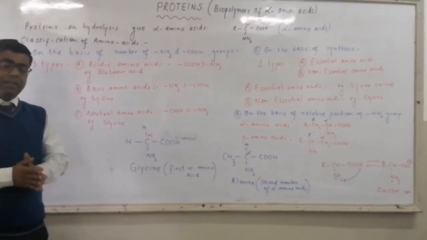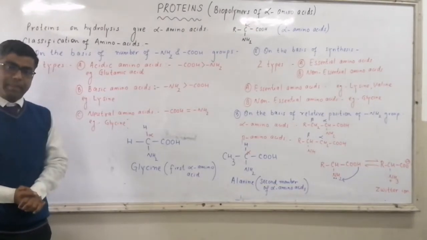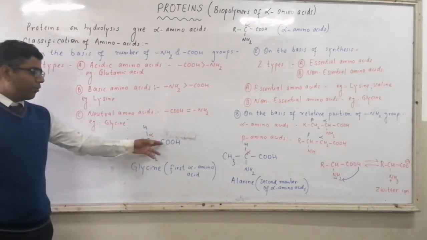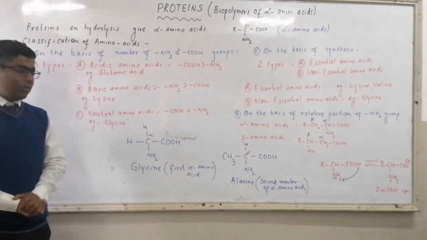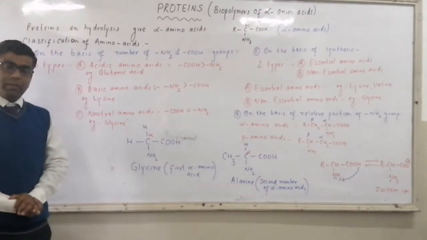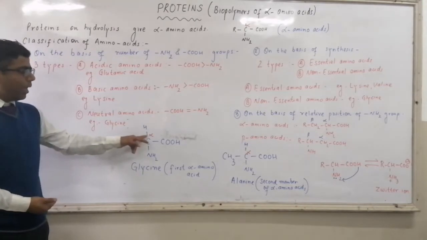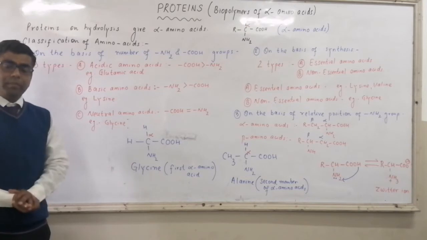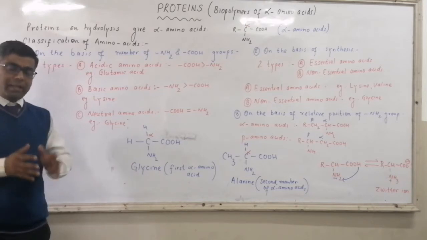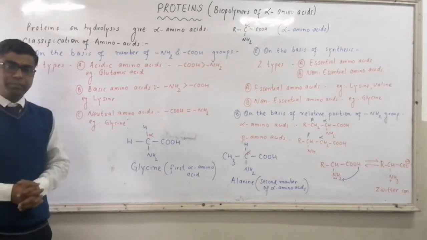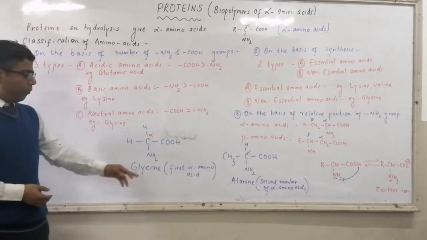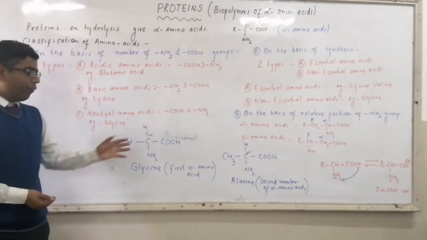Remember, glycine is the simplest amino acid containing 2 carbon. Of the 2 carbon, 1 carbon is in the form of C double bond OH group, and on the second carbon we are having NH2 group. It is your alpha carbon atom. If you remember, the carbon atom to which functional group is attached is called alpha carbon atom, and NH2 group when present on alpha carbon atom is called alpha amino acid.